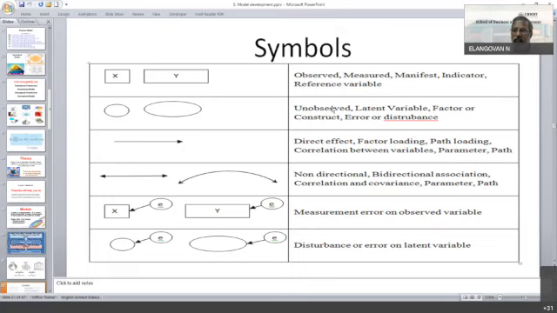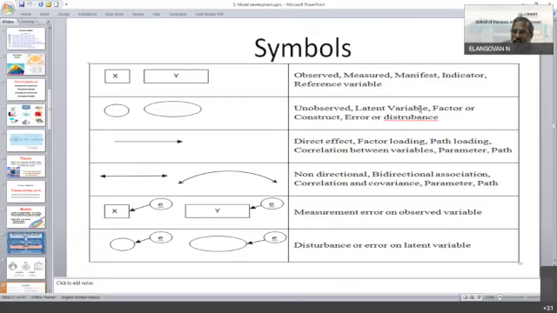That is why whatever you are individually measuring is called an indicator. And the concept that is being measured with the individual items is called a latent variable. Latent variable means it is not directly measured, it is indirectly measured from the items.